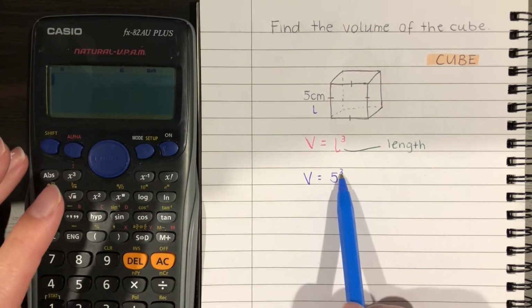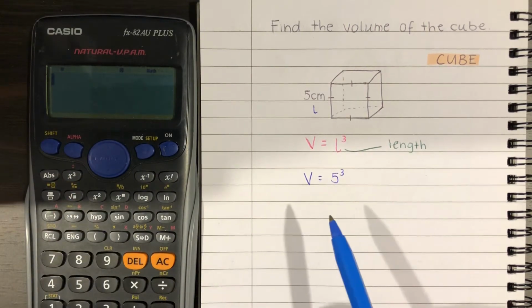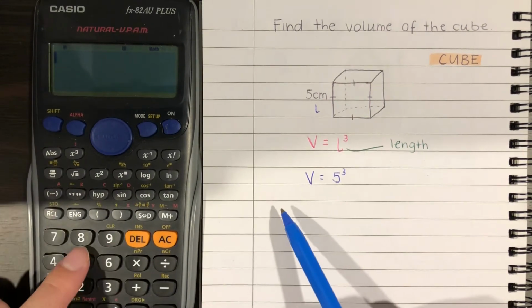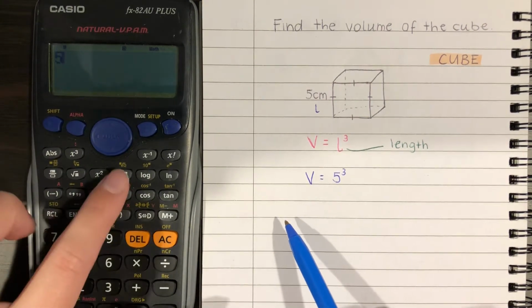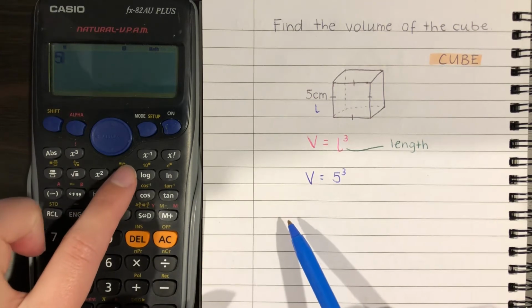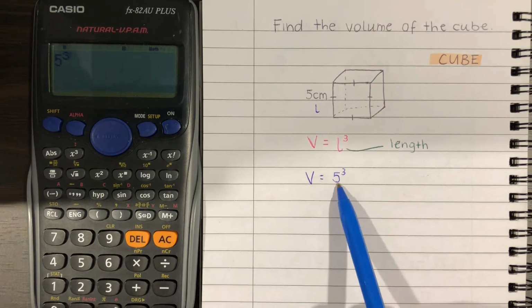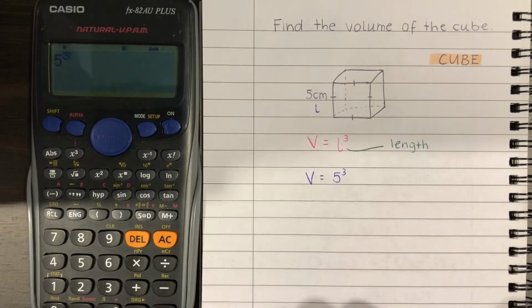Okay, 5 cubed is the same as 5 times 5 times 5. If you're going to put this in your calculator, you would literally press 5 and press the to the power of button and put a 3 up there. So see how that's exactly the same? Press equals and you obviously get 125.